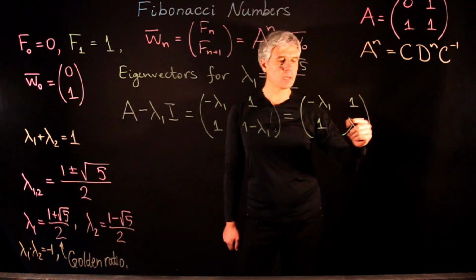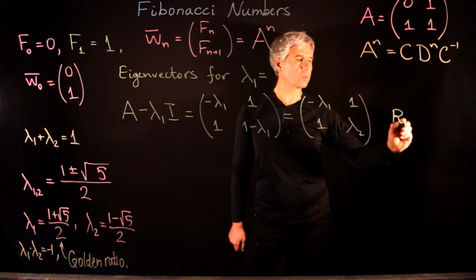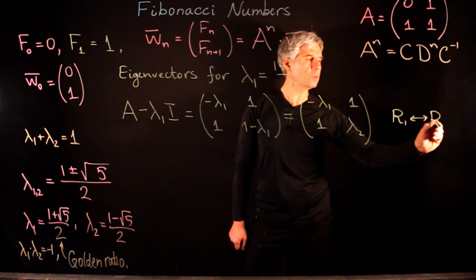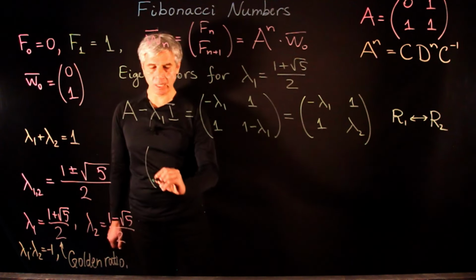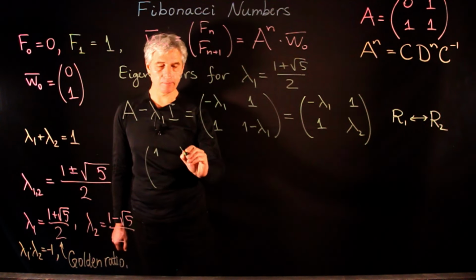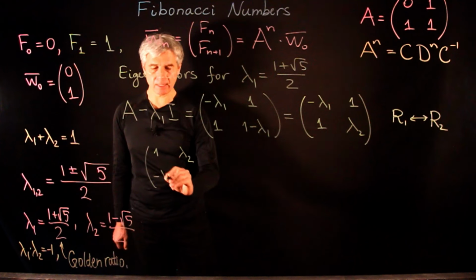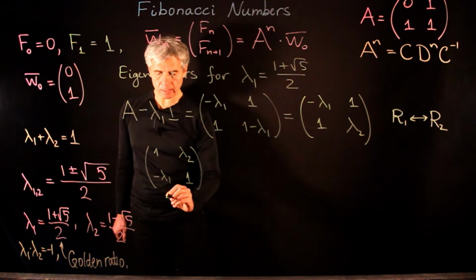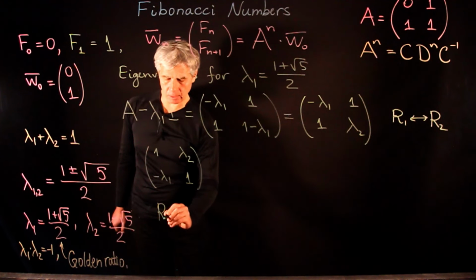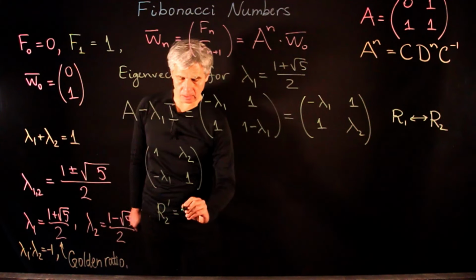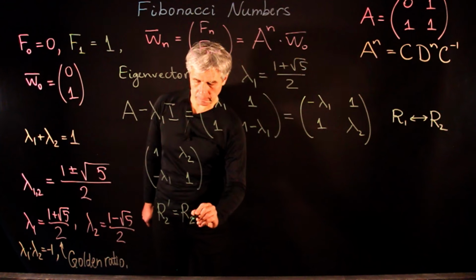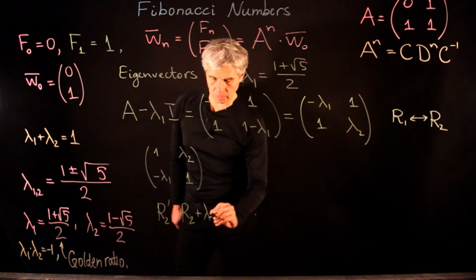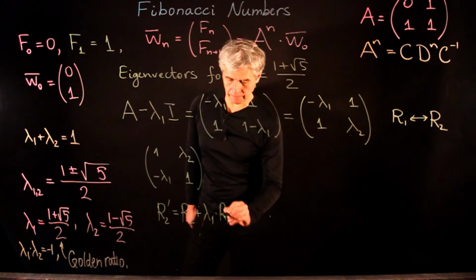Let us carry out row reduction. First we switch rows 1 and 2, and we get the matrix 1, lambda 2, minus lambda 1, and 1. Next, we say that new row 2 is row 2 plus lambda 1 times row 1.